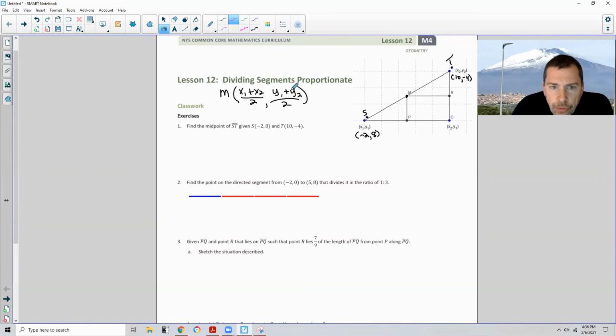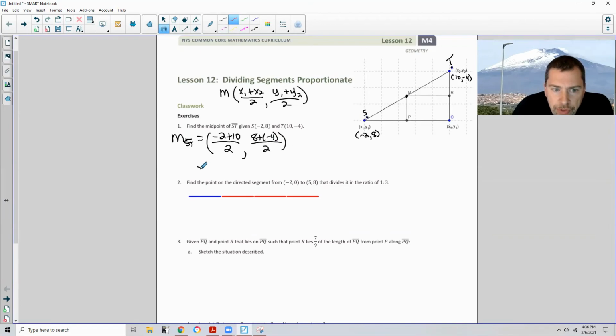If I use this formula, the midpoint of ST is going to equal X1 plus X2, -2 plus 10, divided by 2, comma, Y1 plus Y2 divided by 2. Y1 is 8, Y2 is -4, 8 plus -4. And that will give me my midpoint.